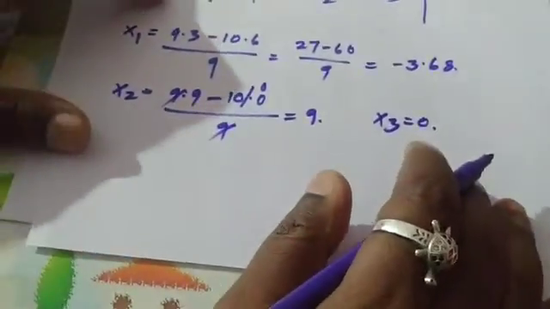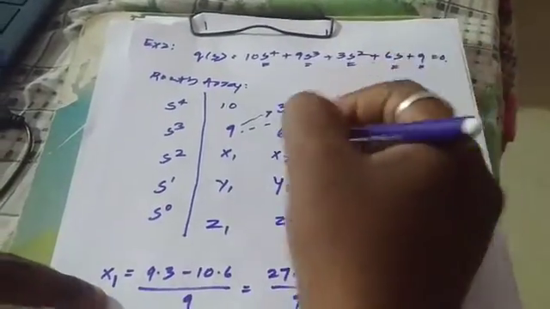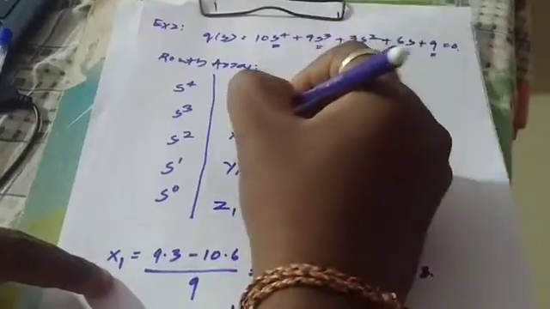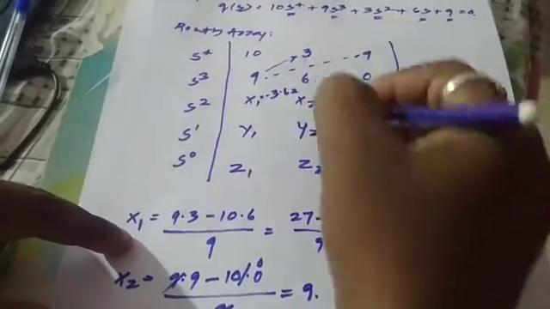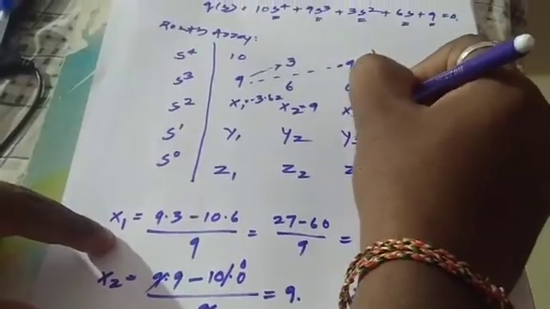So now this is over. Next, x1 value is minus 3.67, x2 is equal to 9, x3 is equal to 0.